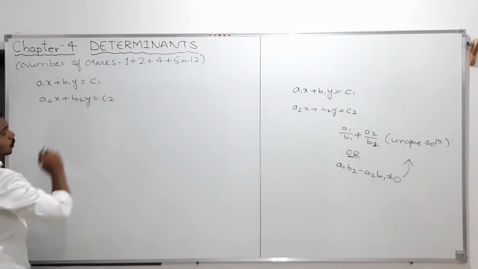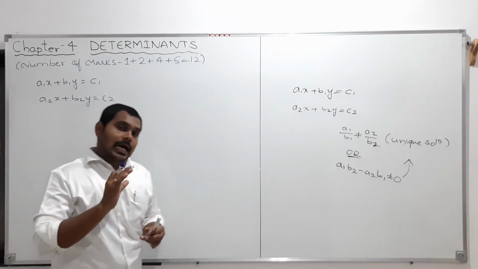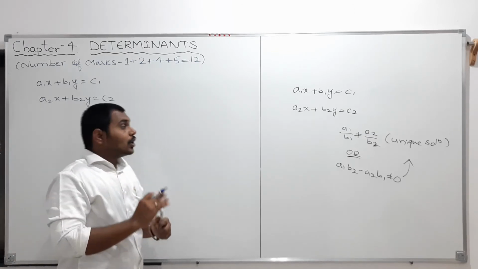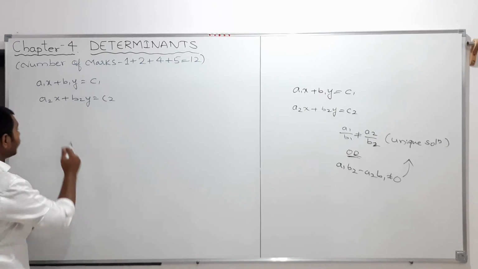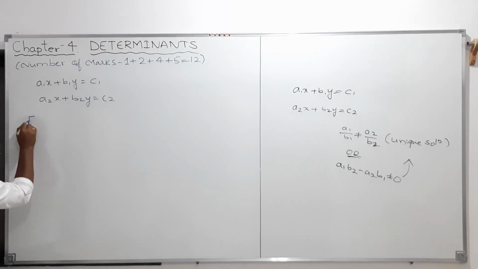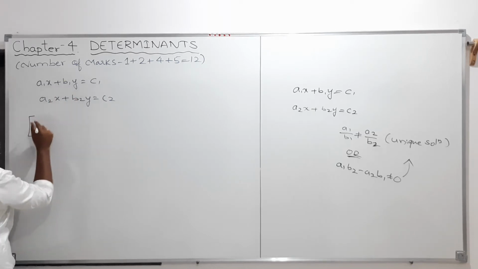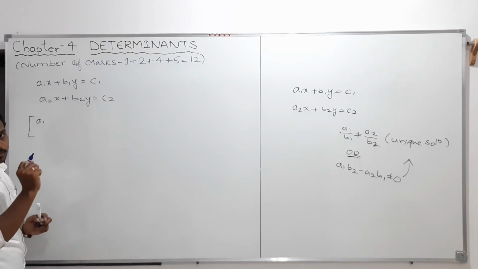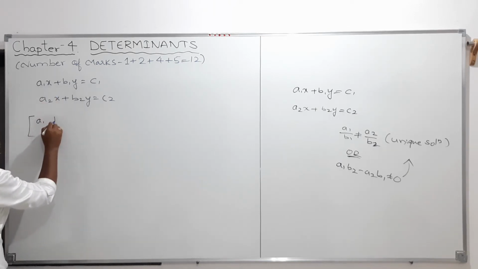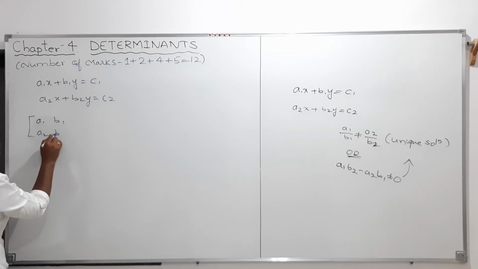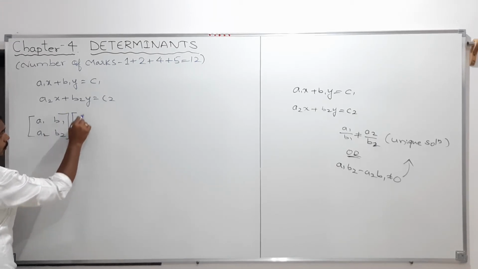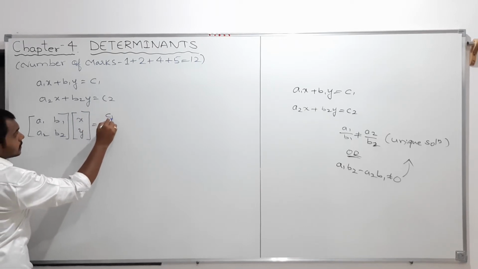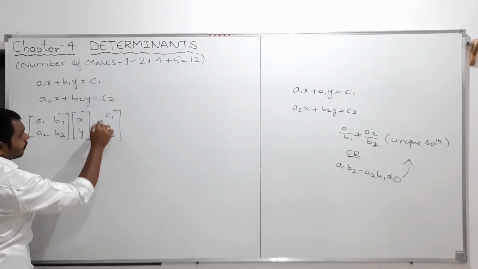So these are the two linear system of equations I have, my dear students. Now this linear system of equations I can write in matrix form. How should I write? Please see here. You can write the given linear system of equations in matrix form, that is the matrix a1 b1 a2 b2 into x y is equals to c1 c2.